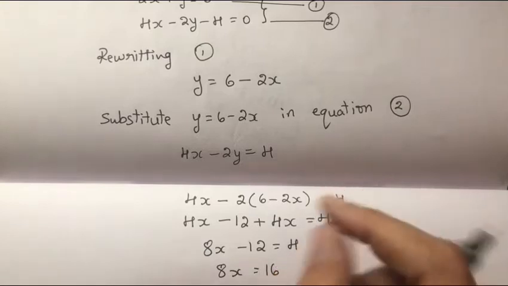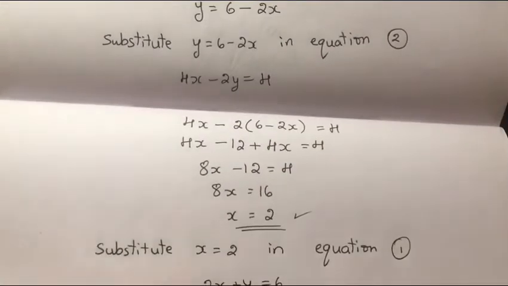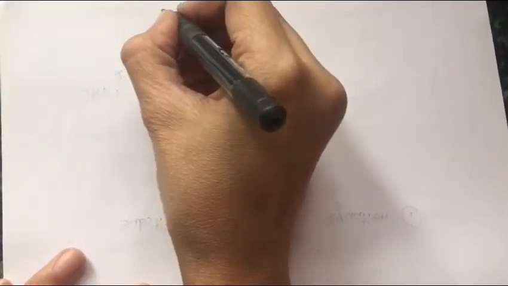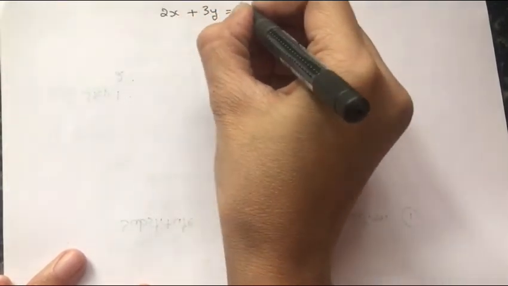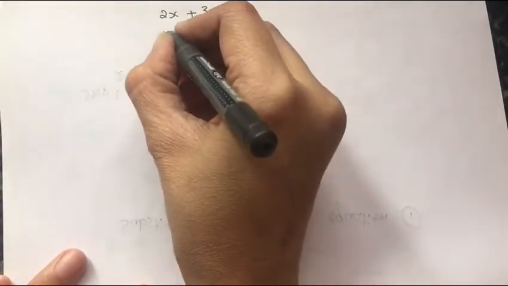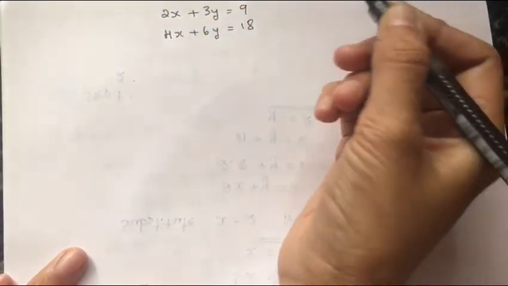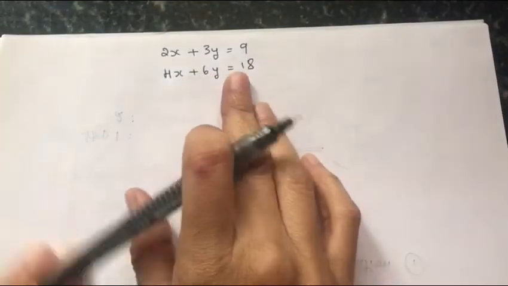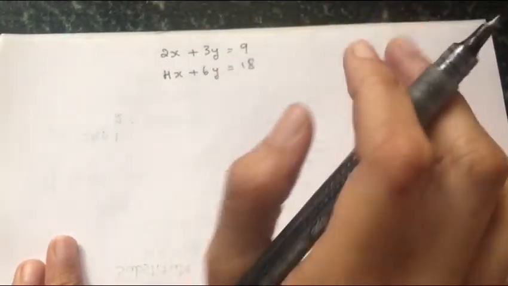But while solving, you may come across situations like this. Say you have a problem like this: 2x plus 3y equal to 9, and 4x plus 6y equal to 18. This is a pair of linear equations. Now you have to solve them by substitution method.